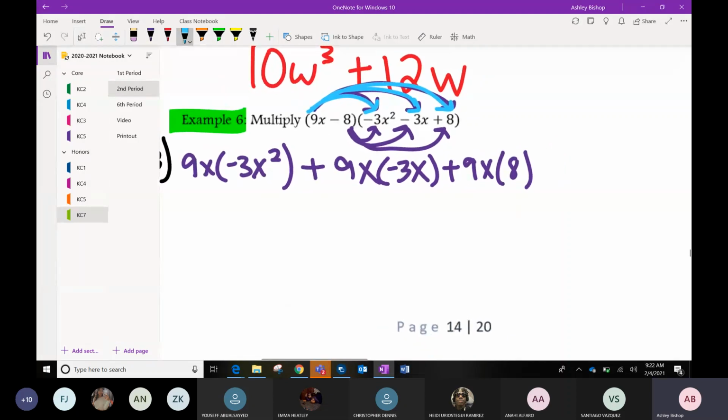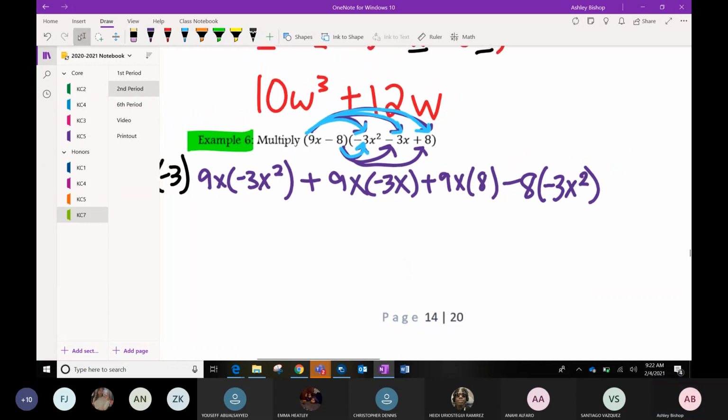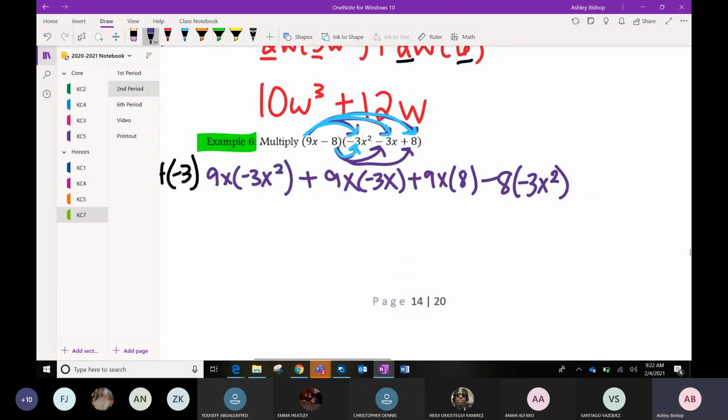Now I'm going to work with this -8. So that's a -8, so I'm going to do -8 times -3x squared. I'm going to zoom out a little bit more. Let me cross this out. This is where the problem is.